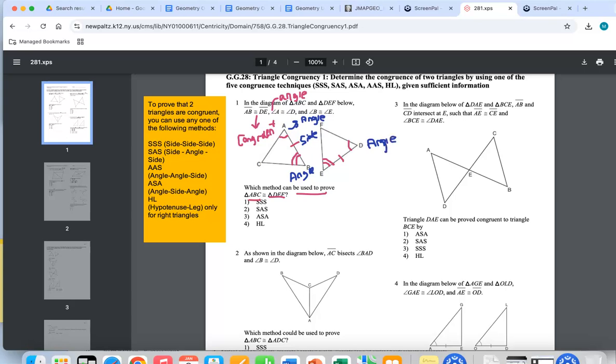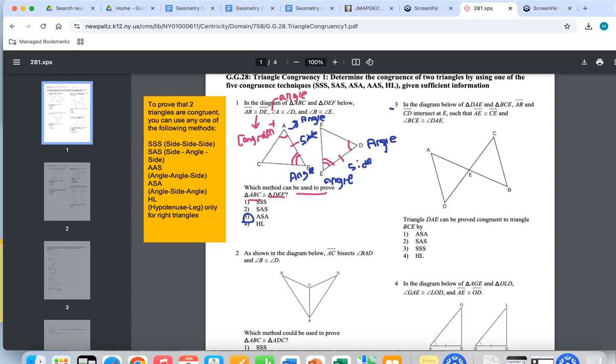And we have a side. And we have an angle. So this would be an example of angle, side, angle, which is choice number 3. All right, so again, if you have no idea what this is, please stop this video and look up triangle congruence methods. I'm going to do one more.